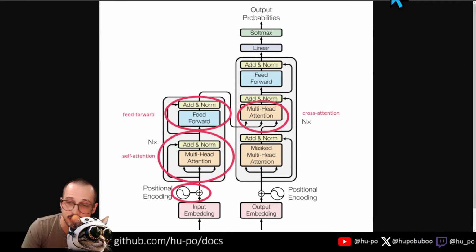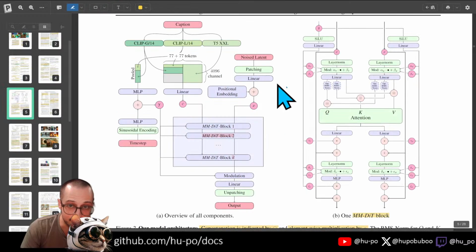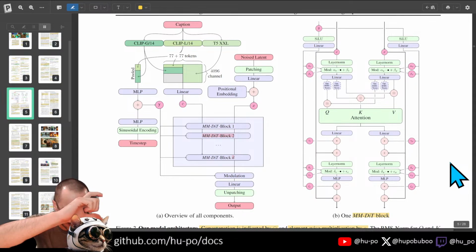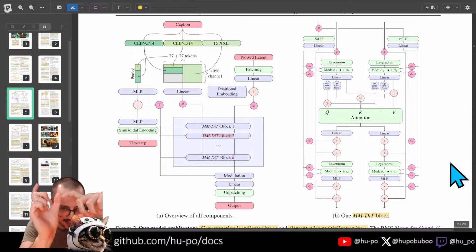So in a standard transformer, you don't have that. In a standard transformer, you're doing a cross attention between the image and the text features. But in this one, they concatenate the text features and the image features, and then do a self-attention between the concatenated text and image and the concatenated text and image.